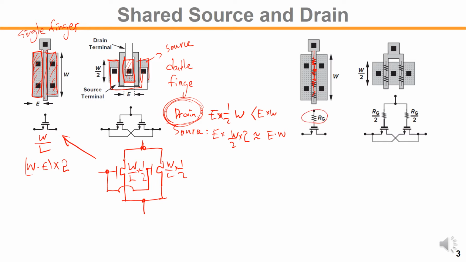So we have, for example, 1 RG in series resistance. Once we split that into 2, then half of the RG will be present. Then we can increase the bandwidth because the channel capacitance is also reduced by half for each finger.